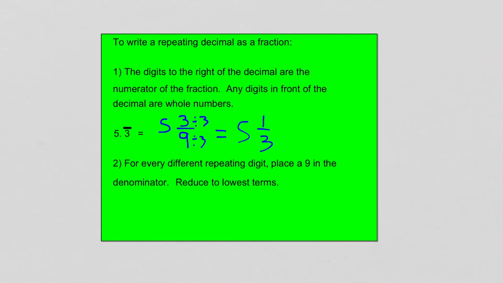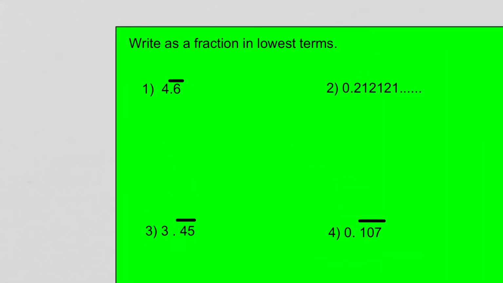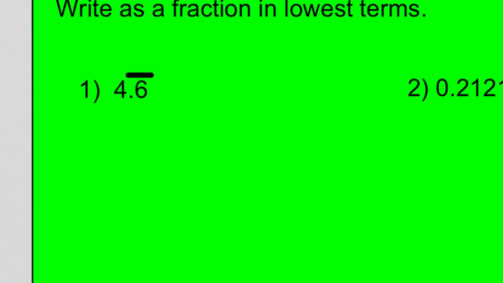So everything is exactly the same here, except for every different repeating digit that you have, you put a 9 on the bottom. Now let's take a look at this. 4 and 6/10 repeating. Well, the whole number is going to be 4. We have a single 6 that's repeating over again.